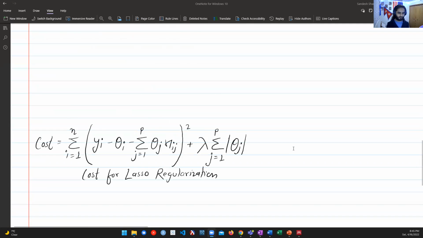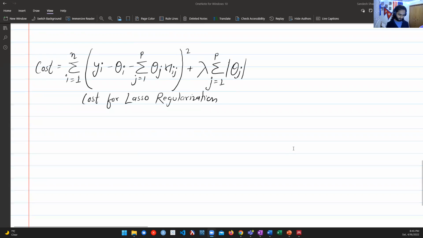Okay, so I'm going to scroll down. I already have written this cost function for lasso regression, as you can see here. Everything else is the same, just that instead of a square on the penalty term, we have an absolute sign, also called L1 regularization. So now let's do the same thing for just one observation and one feature.